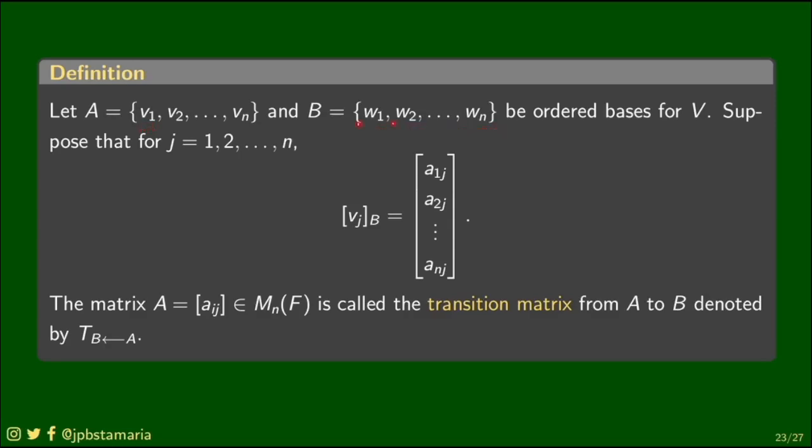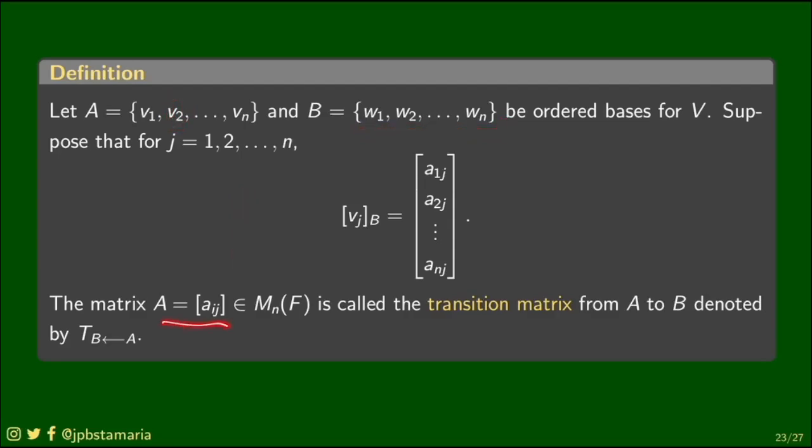You collect all the scalars and put them in a column. For V2, you do that as well: you write V2 as a combination of the new vectors, and you put the scalars in a column as well. Now arrange these columns in a matrix in such a way that the first column is the coordinate of the first old vector with respect to the new basis, the second column is the coordinate of the second old vector with respect to the new basis, and so on.